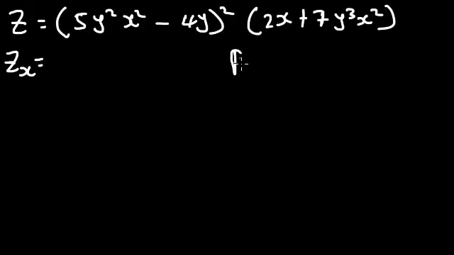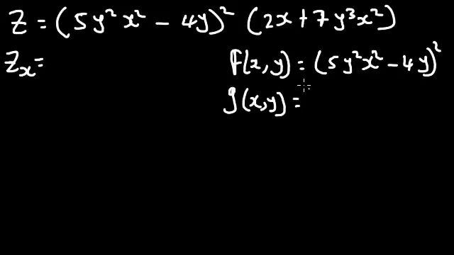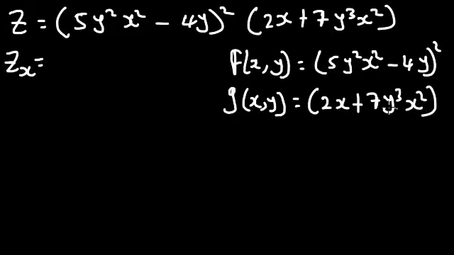If our f of x comma y is equal to 5y squared x squared, I have to put that in the bracket, 5y squared x squared minus 4y all squared, and our g of x comma y is equal to 2x plus 7y cubed x squared.